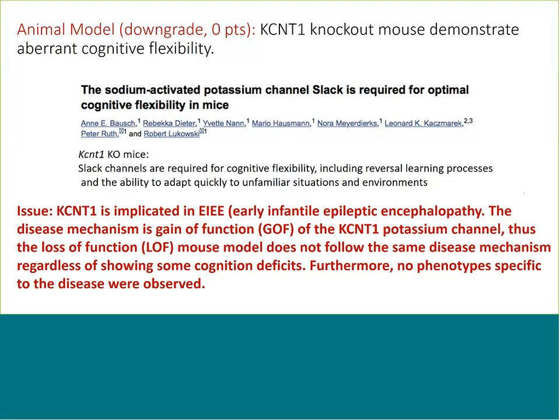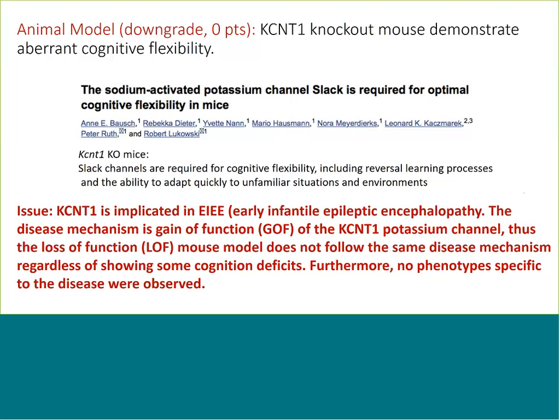And they did show that this gene was required for optimal cognitive flexibility. Mice in which this gene was knocked out did have some deficits in reversal learning process and ability to adapt. And part of the phenotypic spectrum of the EIEE is not only seizures, but the seizures can lead to intellectual disability. So you would have these learning disabilities.